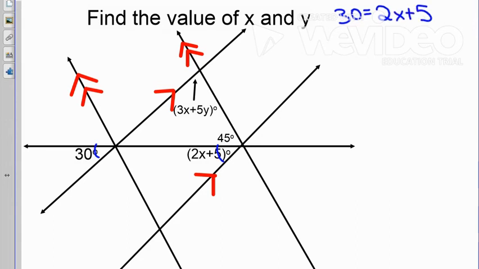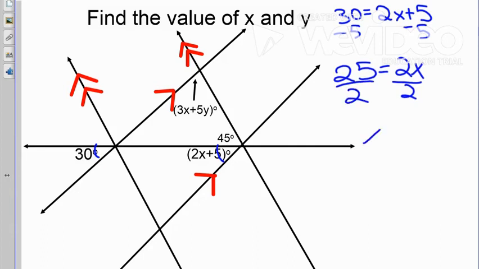So I'm going to solve for x. So I get 25 is equal to 2x. Okay, divide by 2. And I'm going to get x is equal to 12.5.